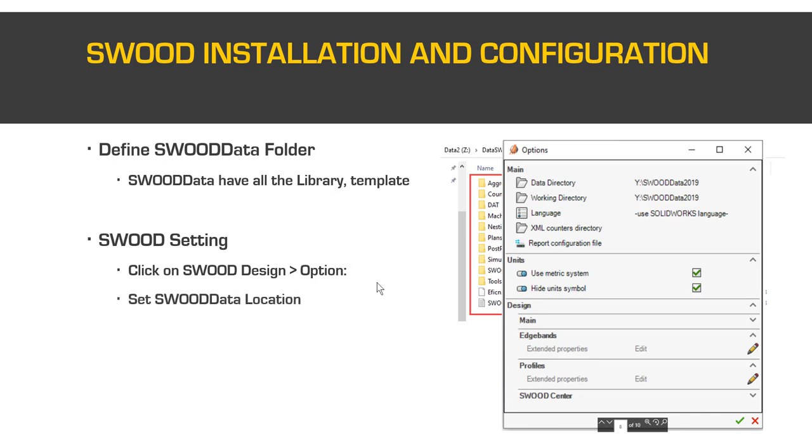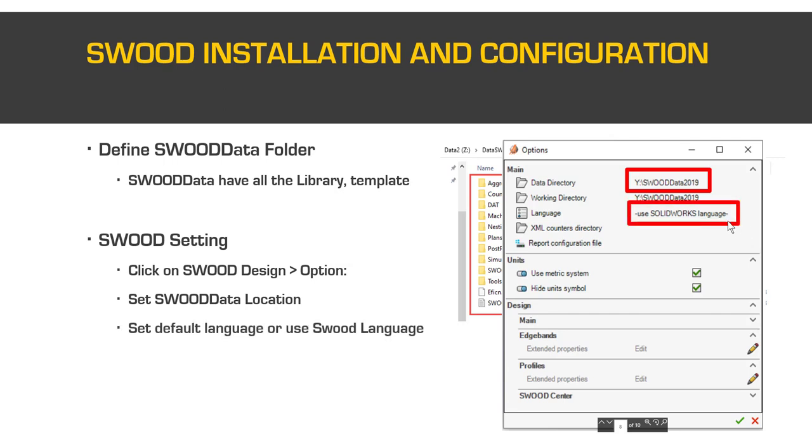And here, for SWOOD data location, you should indicate it in the choice Data Directory and find the correct SWOOD data folder. And of course, you can set the SWOOD language. You can use the SolidWorks language, which means it will keep the same language as SolidWorks.